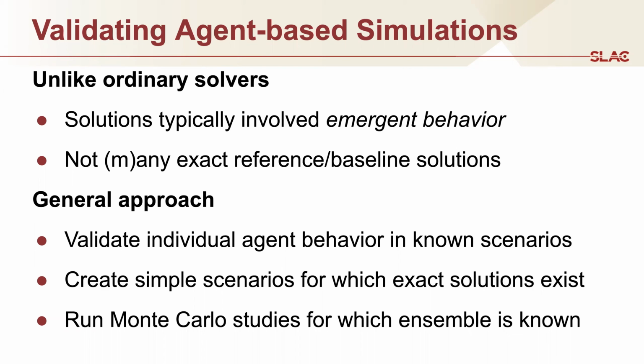Some of the tests in Gridlab-D do that, particularly tests of the random number generators, where the distributions should be of known characteristics, so that we can verify that, for example, a normal distribution produces the expected mean and variance for a large sample. And then, of course, that can be extended to larger studies. So, for example, you could generate a distribution of houses, and then you would expect to see a distribution of energy consumptions that correspond.